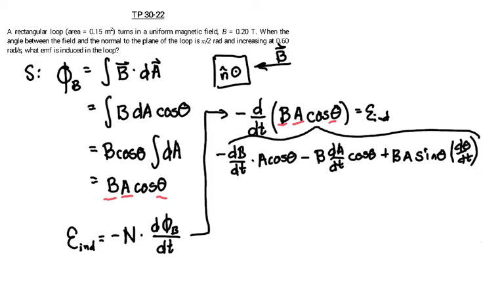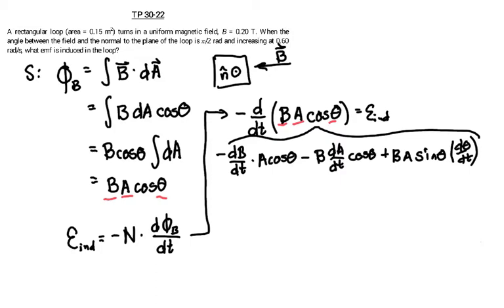Alright, so this should be what you got. My first term, I am taking the derivative of the magnetic field with respect to time, leaving the remaining variables constant.